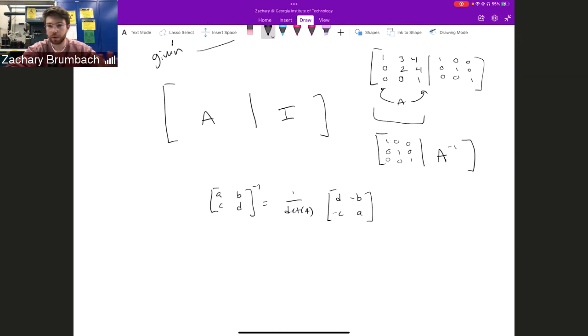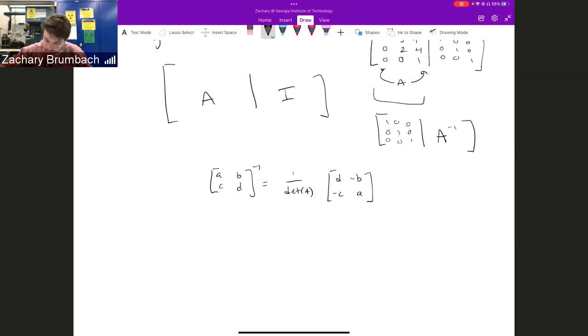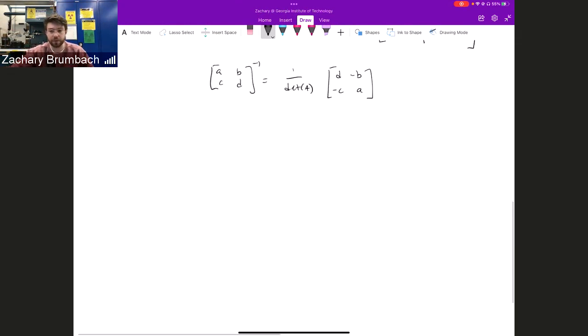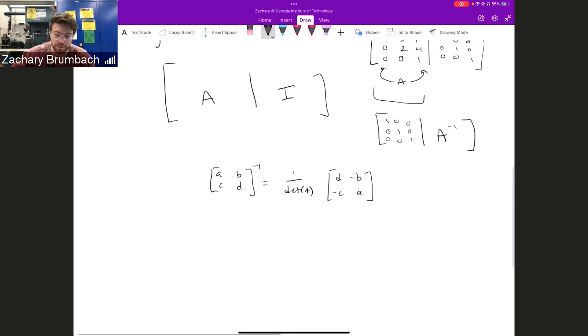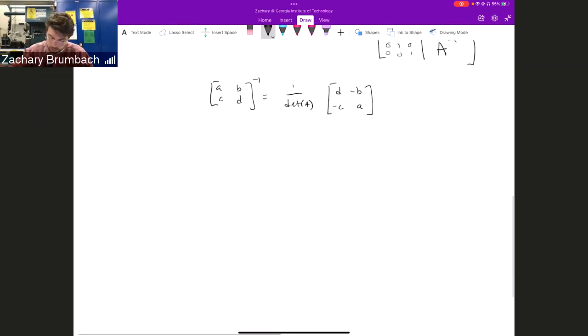Yeah, okay. Just wanted to make sure I wasn't saying anything incorrect there. Okay, cool. That's how we generally find an inverse. You shouldn't be expected to find the inverse of a 4 by 4 or anything incredibly hard. Okay. So that's inverse.